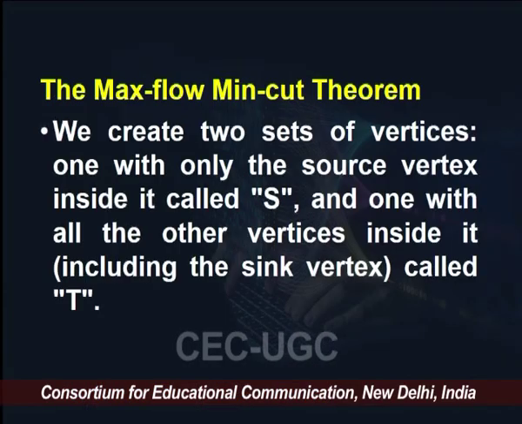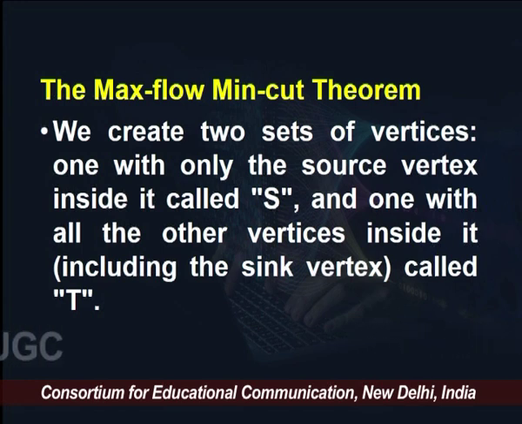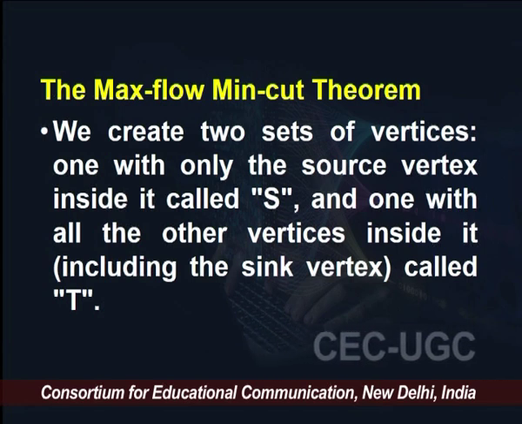So, if we look into the statement of the max flow min cut theorem, it says that finding the minimum cut in a graph is the same as finding the maximum flow, because the value of the minimum cut will be the same as that of the maximum flow.